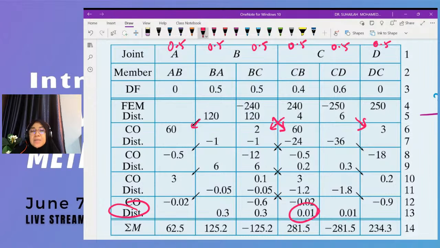Normally 5 times, sometimes 6 times. Stop at distribution, and finally we have to total all the moment in the table.